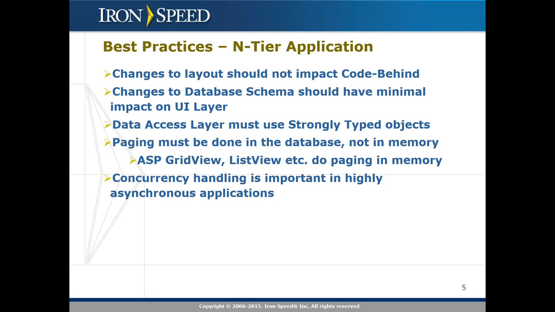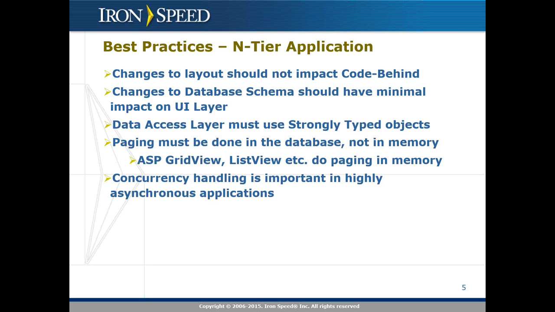Now, of course, let's say an add record page, for example, that I've created in IronSpeed, and at the time I create the page, there's a field called notes, then all is well. If I go back to the database and change that notes field, in other words, maybe I rename it or I take it right out of the schema, then obviously that's going to be a problem in the UI layer. But fundamentally, architecture-wise, we don't want to have them too tightly coupled.